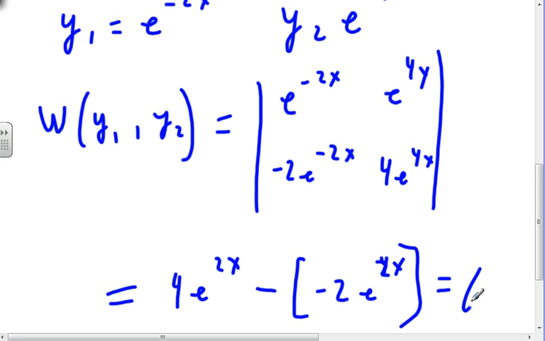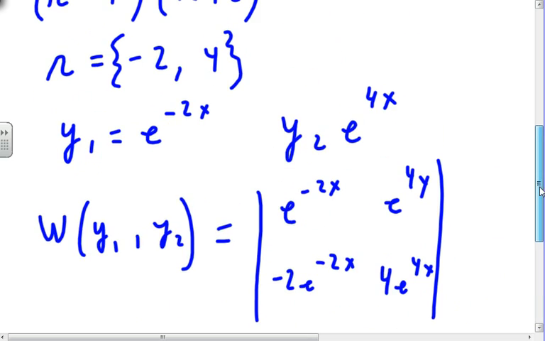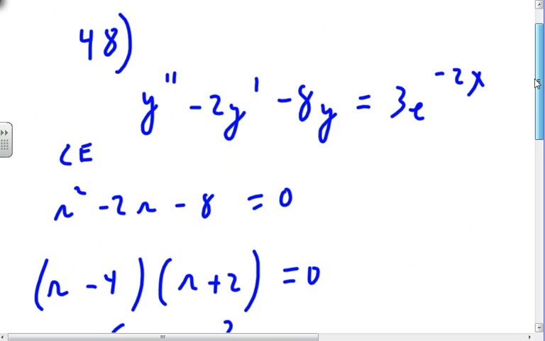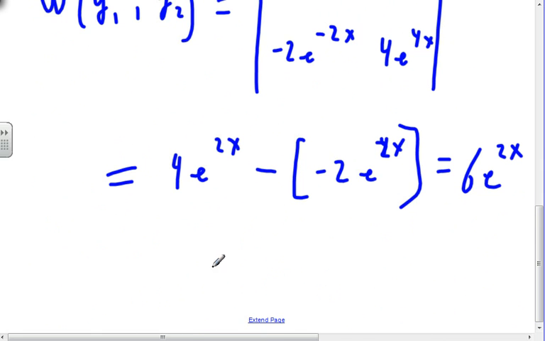So I'm going to have 6 e to the 2x is my Wronskian. Okay, so 6e to the 2x is my Wronskian. My y1 and my y2 is that, and my forcing function is 3e to the minus 2x. All right.